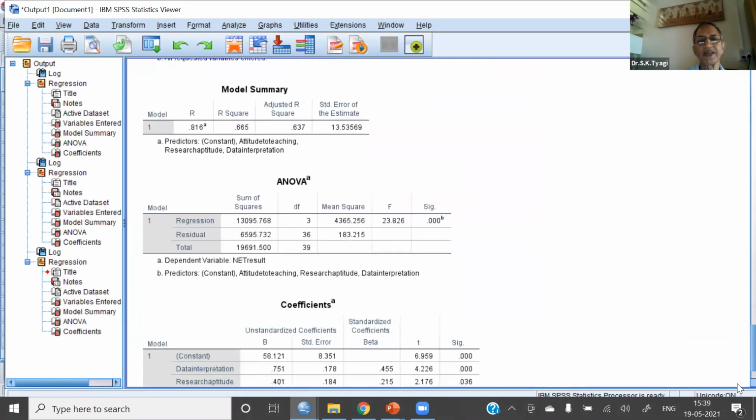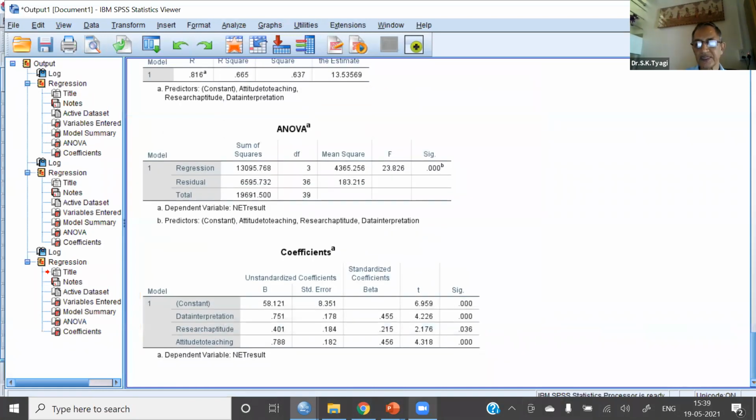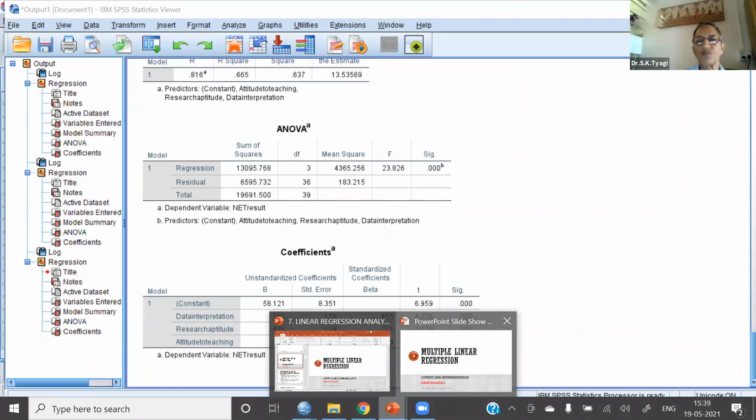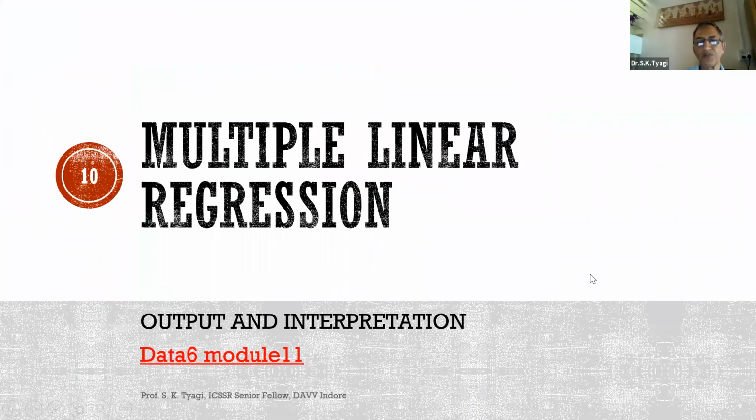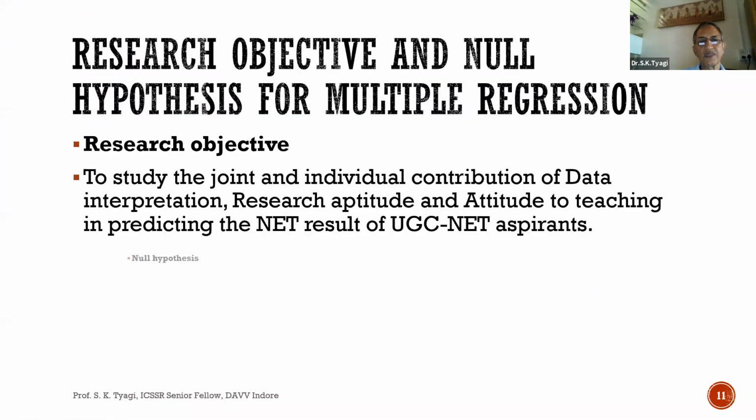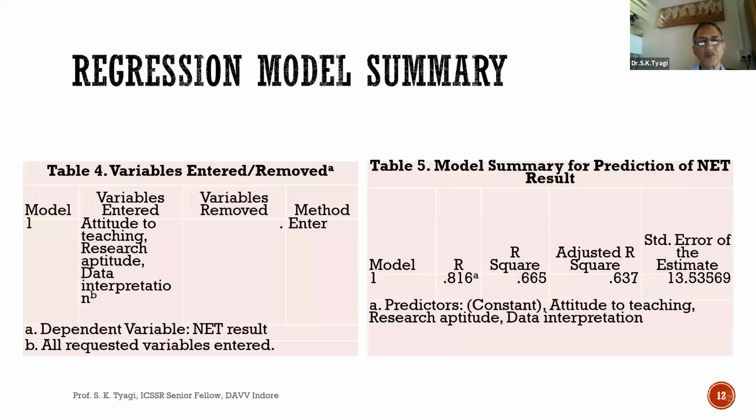Like in simple linear regression, I am taking these three to my presentation, and these are the output. Okay, this is the research objective. Now, table 4 says that all the variables have been entered. Table 5 says model. It is regarding model summary or prediction of net result.